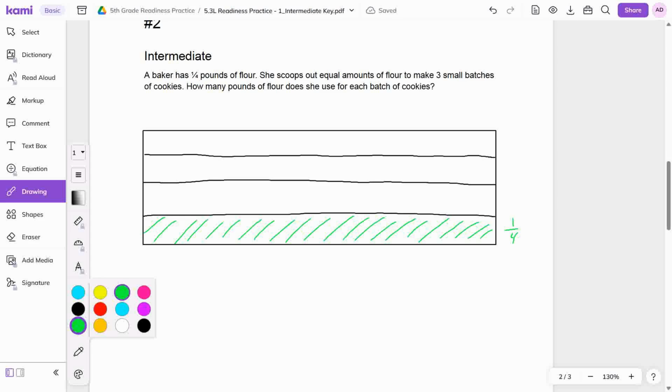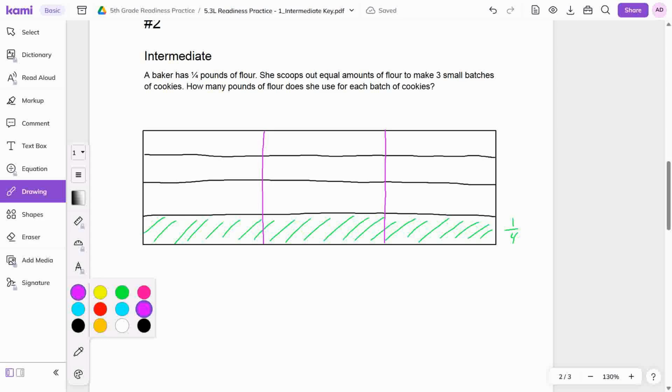Now, she scoops out equal amounts to make 3 small batches of cookies. So from that 1/4, she's going to divide it into 3 chunks. So I'm going to take it and divide it into thirds. Okay? So now I've got 3 pieces out of that 1/4.